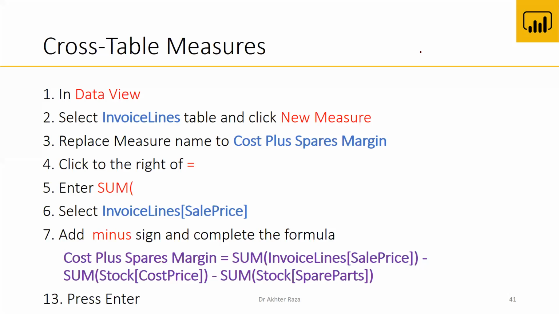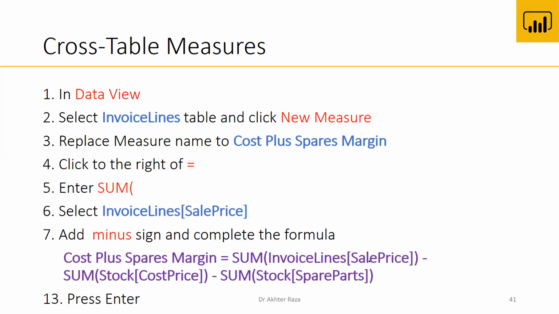And here we can see that the other functions are also available. You can see the cross table measure here. A cross table measure means we have to compute the measure based on an element of another table. So we have an invoice line table and click the new measure. We want to create a new measure in the invoice line table. The name of the measure is cost plus spare margin. The name of the measure is equal to the sum function. The sum function of what? The sum function of the invoice line sale price.